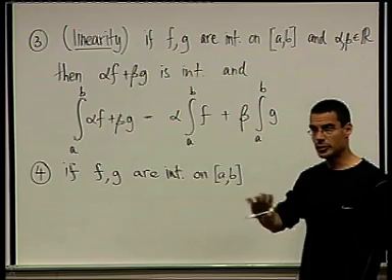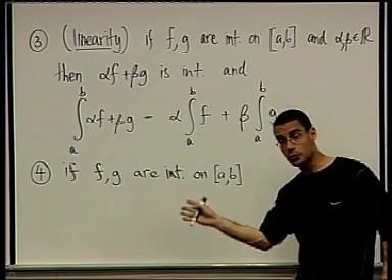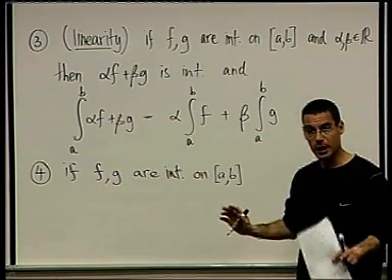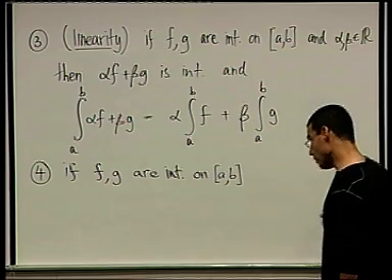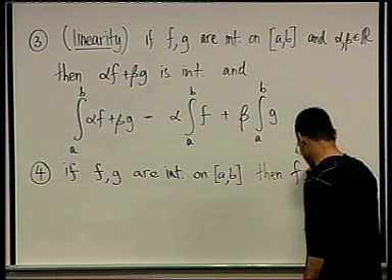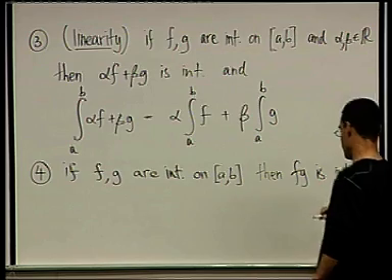Somebody asked me during the break, there aren't two notions, one of being integrable and one of being Riemann integrable. It's the same notion. In short, int. So if both are integrable, then f times g is integrable on AB.